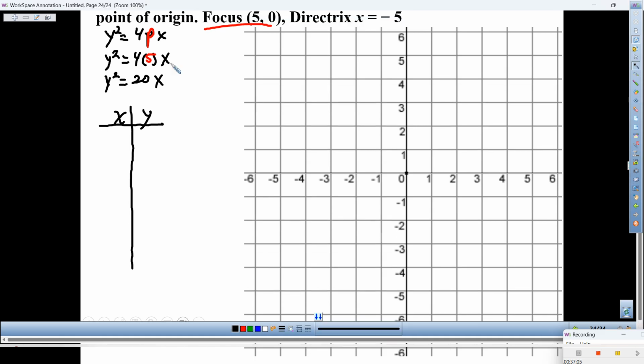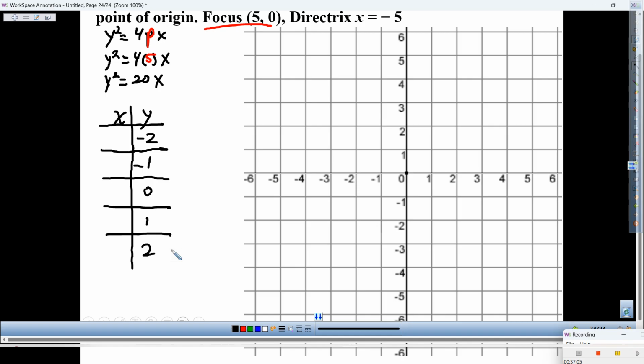Do we have x squared? No, we have y squared. So that means we're going to go to the y side and do -2, -1, 0, 1, and 2 for y. So therefore, parentheses squared equals 20x.